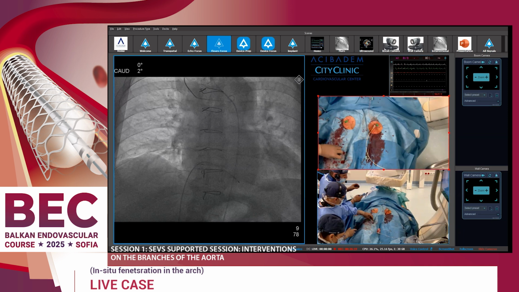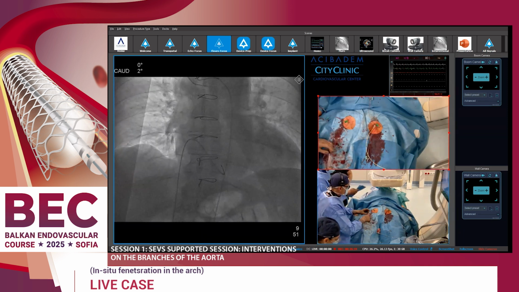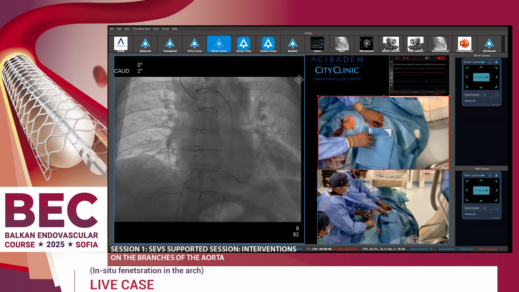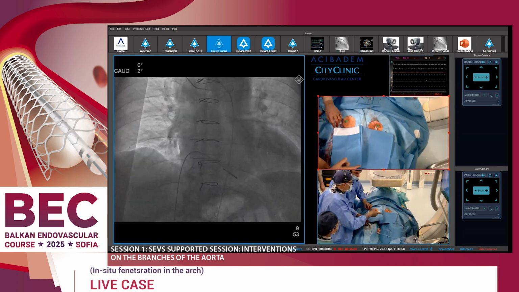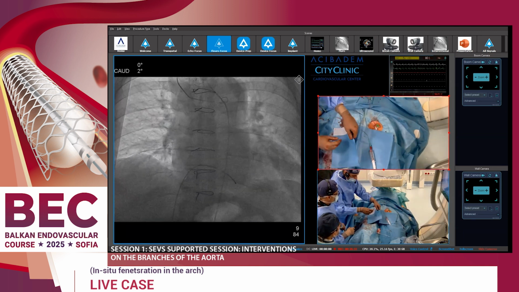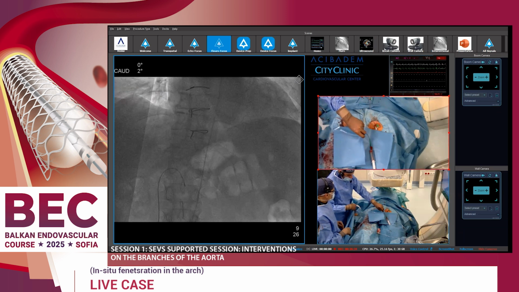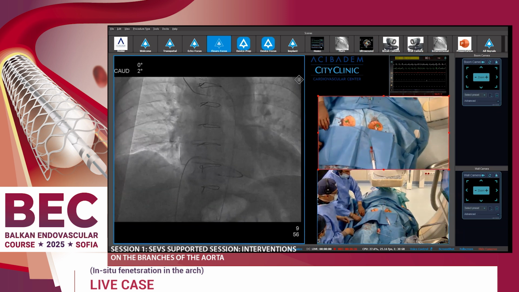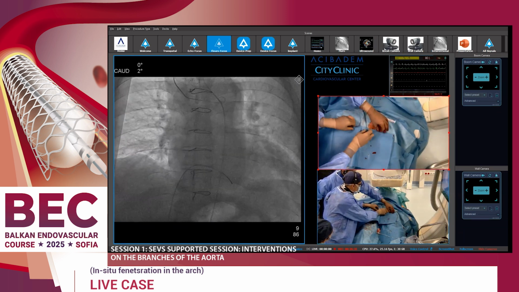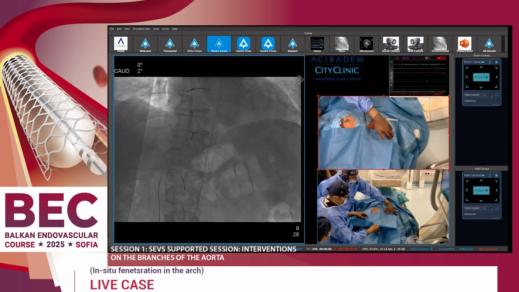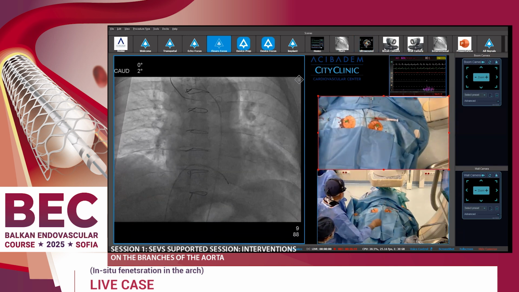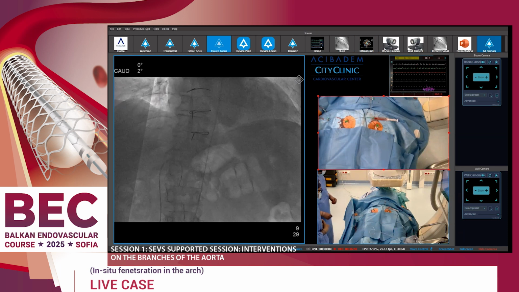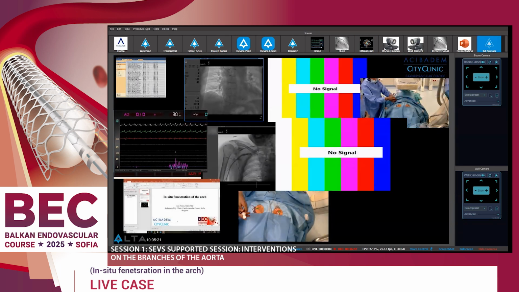More or less, this is the progress up to now. We have to position two large sheaths in the femoral arteries. One of the large sheaths will be utilized for splitting the flow into the left carotid and into the right axillary artery to provide the perfusion. Okay, let's go ahead.